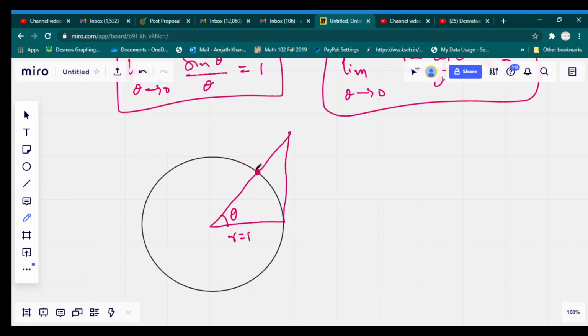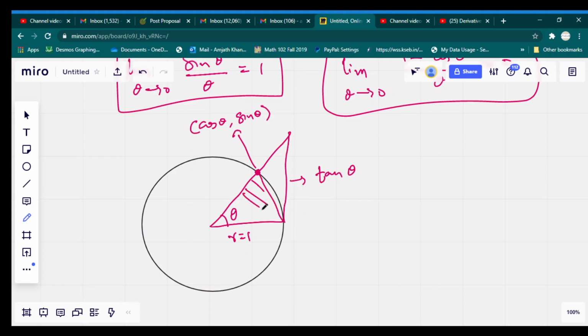We know that the coordinates of this point are: the x coordinate is the cosine of theta, the y coordinate is the sine of theta, and the opposite side is the tangent of theta. Look at the triangle, and we can also draw a sector here.